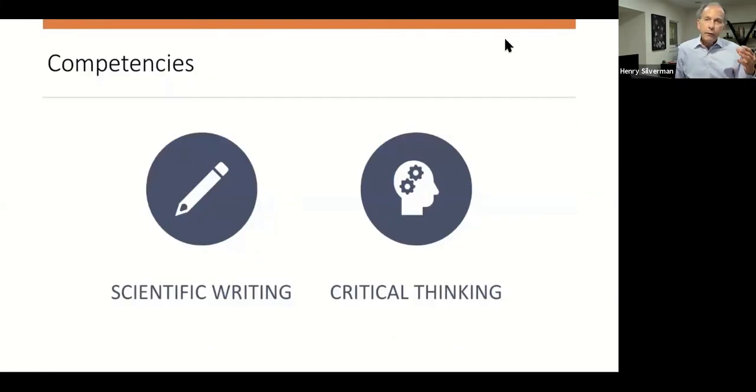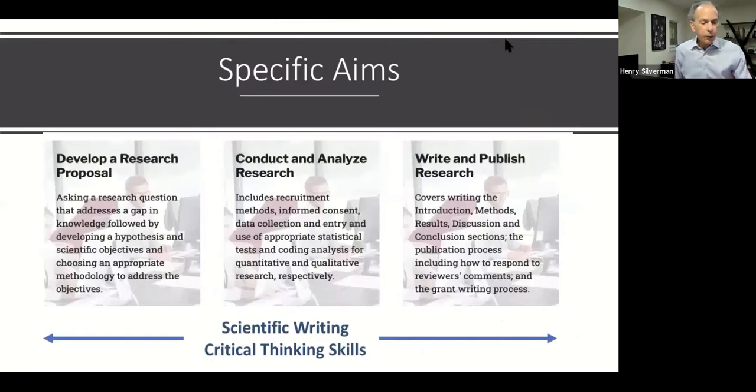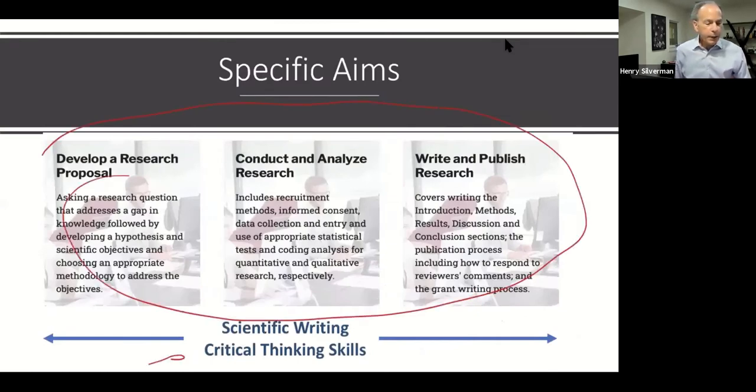Two important competencies we would like to stress in this program are scientific writing and critical thinking. What I want to stress is that throughout this whole program, right from the beginning to the end, we're going to concentrate on good scientific writing skills and critical thinking skills, because these competencies are necessary for all these steps of doing research.